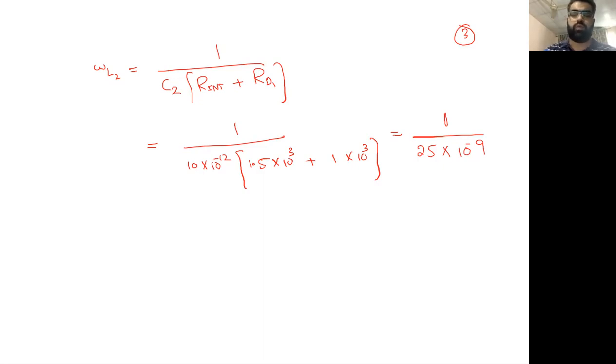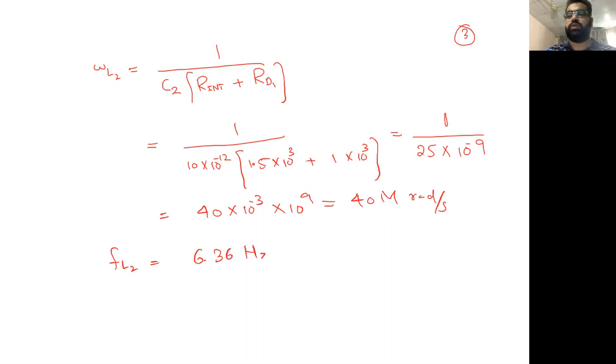And we have 40, I'm just doing the traditional one, so 10 to the power 9. So we have 40 mega radians per second, which is equivalent to, so the FL2 comes out to be 6.36 megahertz. So these are the two things.